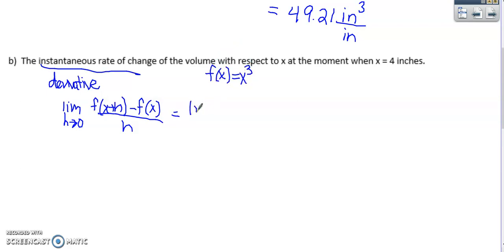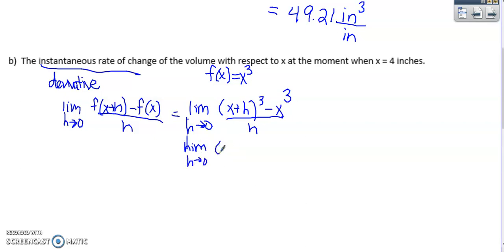So the limit as h goes to 0 of x plus h cubed is what happens when I plug that in, right? Minus x cubed is the original function, all over h. Okay, so I'm taking the limit as h goes to 0 of x plus h times x plus h squared, which we've done a bunch.